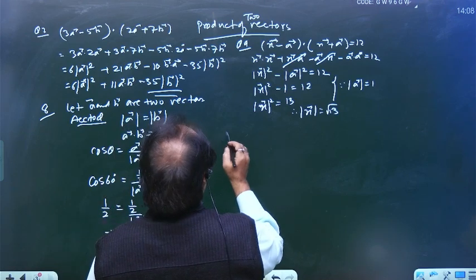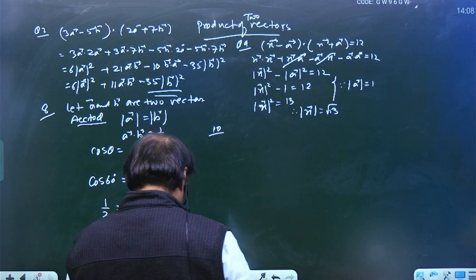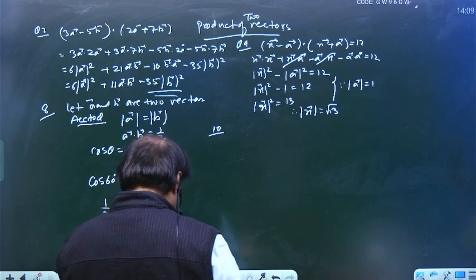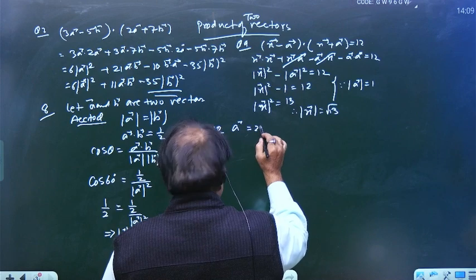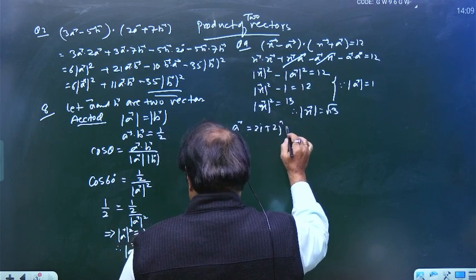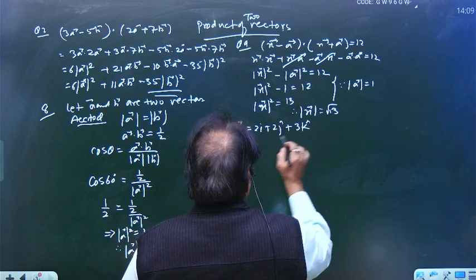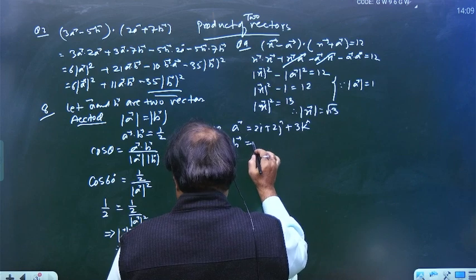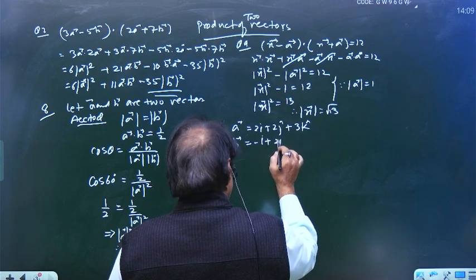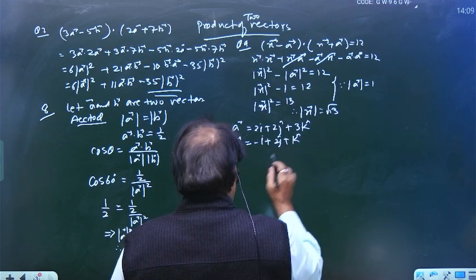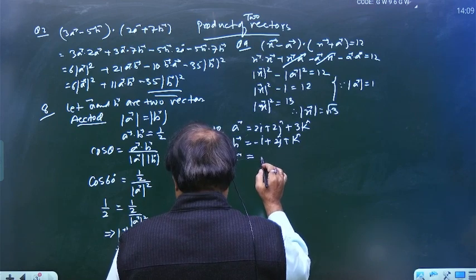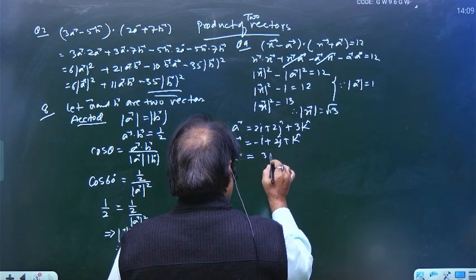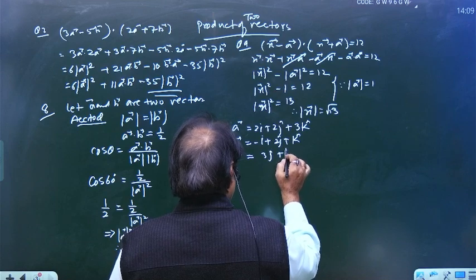Then the next question is question number 10. The a vector is given as 2i cap plus 2j cap plus 3k cap, and b vector is given as minus i cap plus 2j cap plus k cap, and the c vector is given as 3i cap plus j cap.